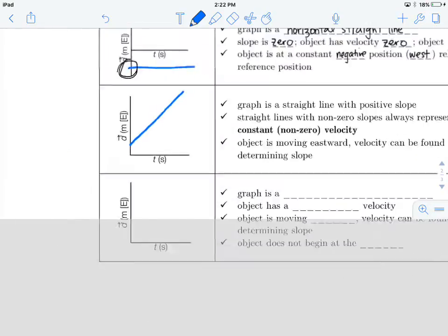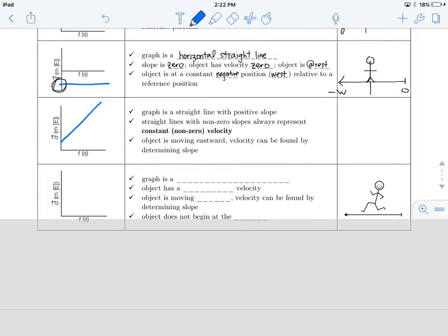Straight line, yep. Positive slope, yep, that's a positive slope. And so what we need to recall is, if this has a non-zero slope, then this represents some non-zero velocity. Whatever slope this line has is going to be the velocity of the object.